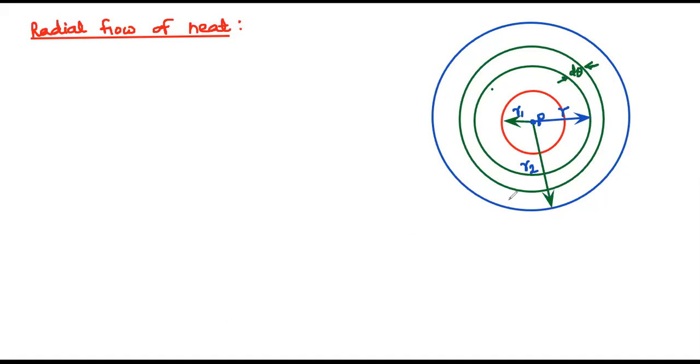And let us suppose this length element I am taking as dr. So here we have two shells of radii R1 and R2.